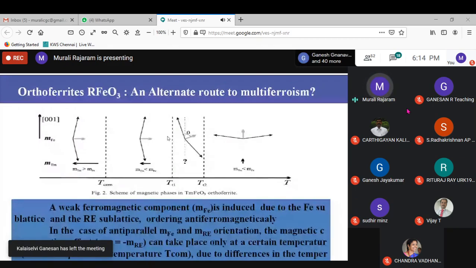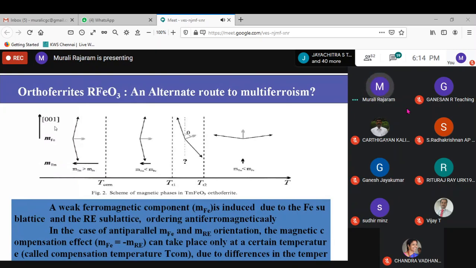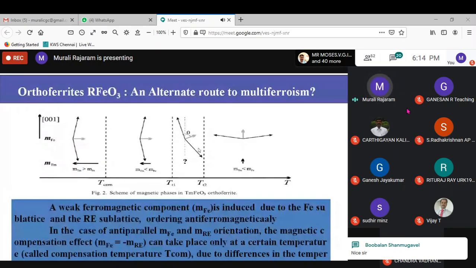If you keep on cooling at this temperature, the spins start reorienting from one crystallographic axis to another crystallographic axis. In this cartoon, the ferromagnetic component points along one direction above the spin reorientation temperature. But below, here the spin reorientation starts, and here the spin reorientation ends. The iron spins have now completely changed.